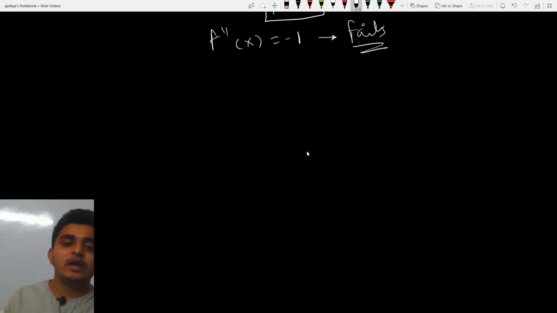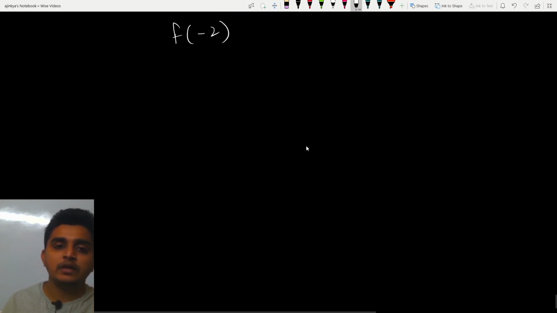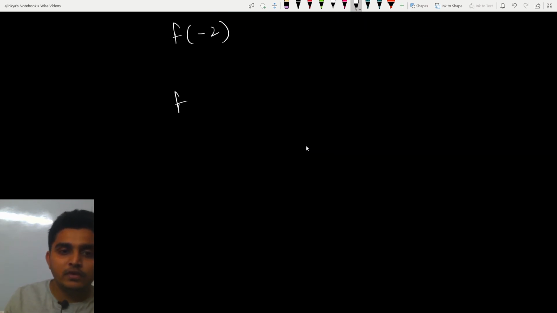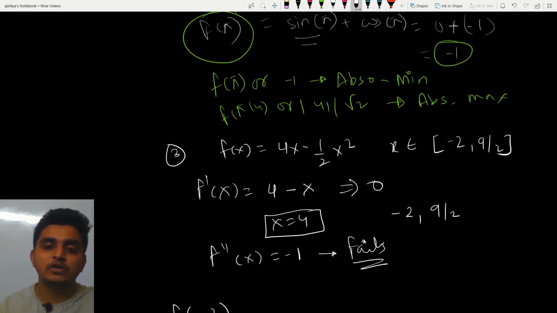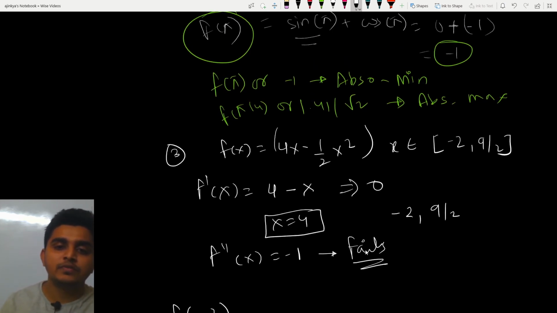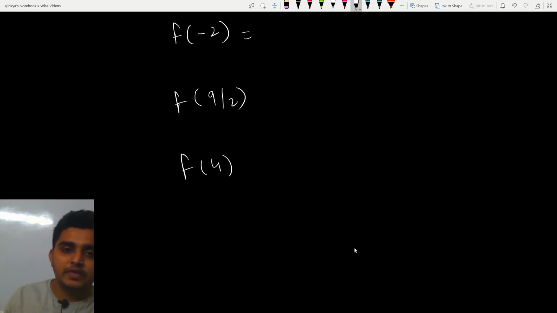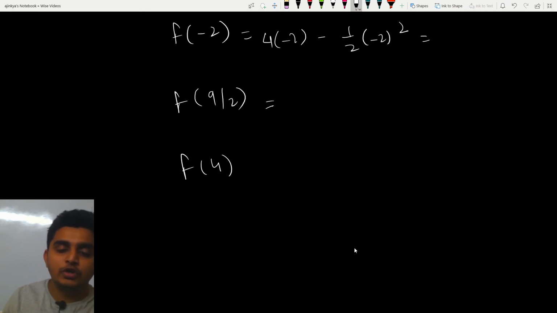So now we have three values: f of minus 2, f of 9 by 2, and f of 4, and we need to substitute these values into the function. So 4 times x, which is minus 2, minus 1 half x squared, which is minus 2 whole squared.